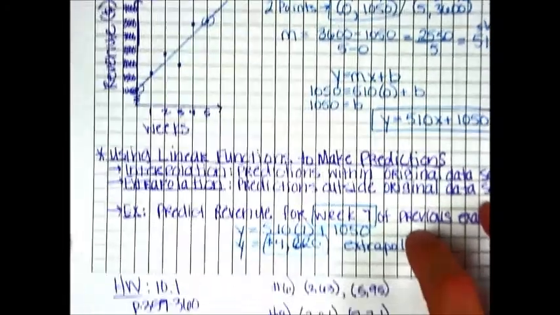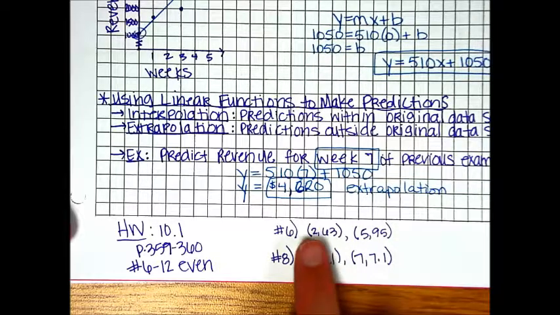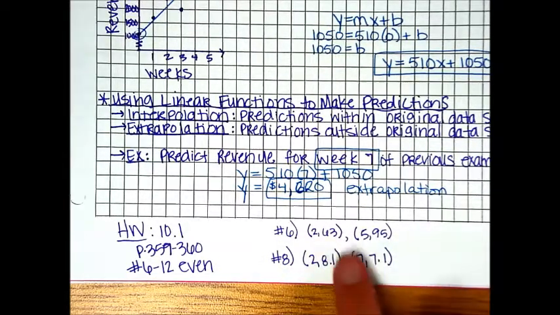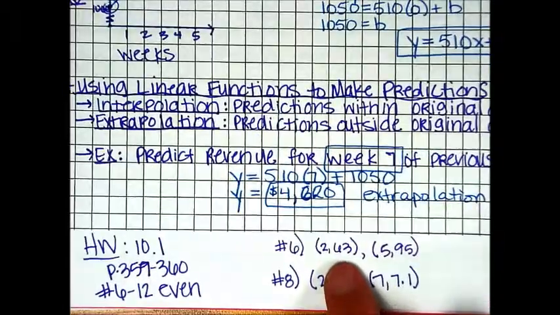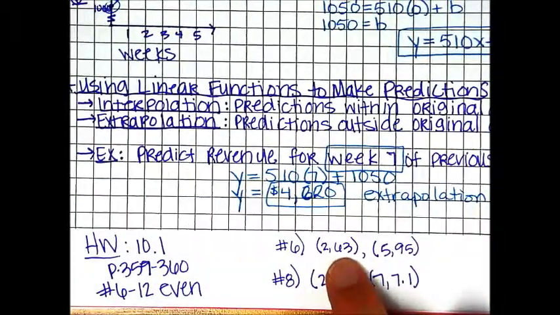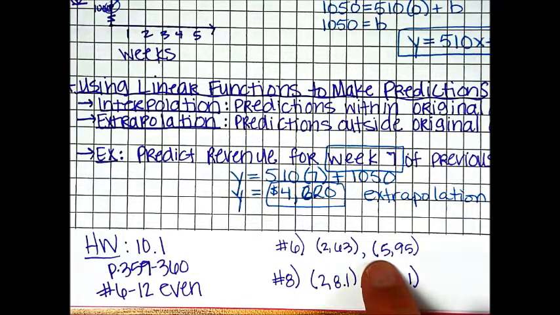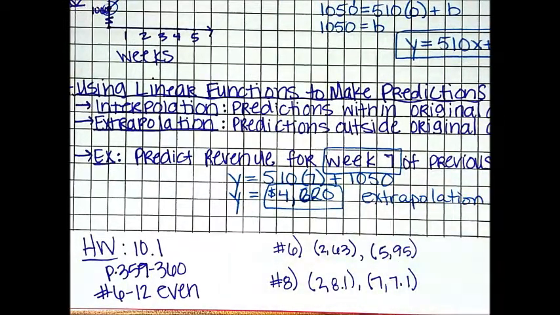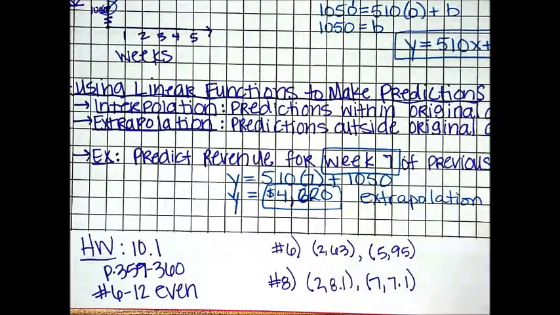So for the sake of grading homework tomorrow, we're going to choose that on number 6 and 8, we're going to all agree that we're going to draw our lines through the points 2, 6.3 and 5, 9.5. And we're going to agree that on number 8, we're all going to draw our line through 2, 8.1, and 7, 7.1. That way we should all get the exact same answers for our equations and our predictions so that this won't be a really huge headache to grade with a ton of different answers.